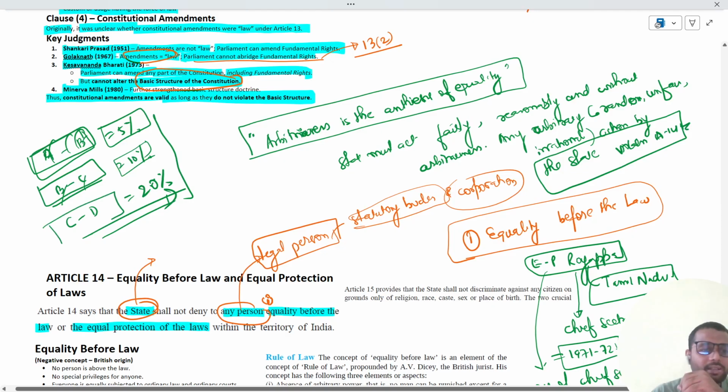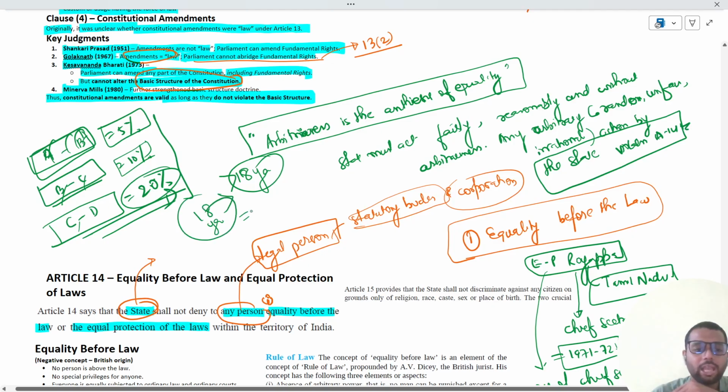For all citizens earning in the range C to D, the law is the same, 20%. For all the citizens above 18 years of age, the law is the same: they can vote. For all the citizens below 18 years of age, the law is the same: they will not be able to vote. But there is a classification that is being made.